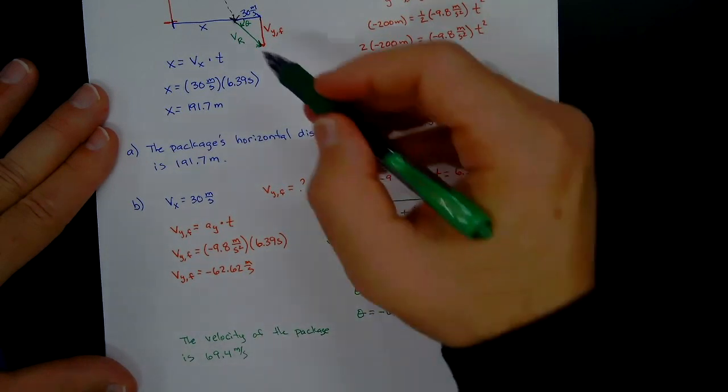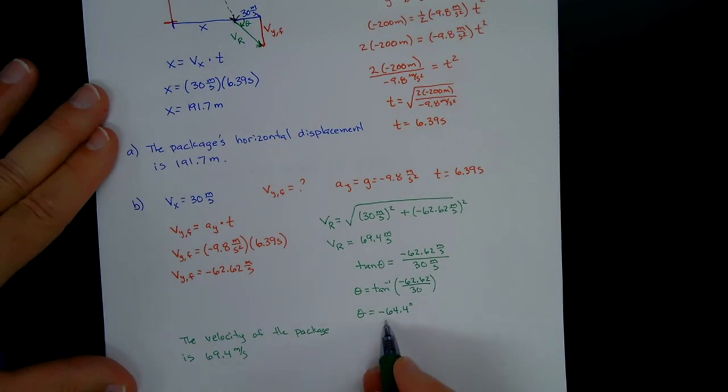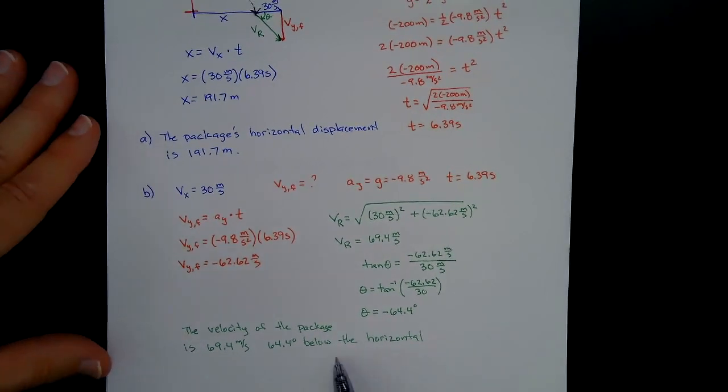And since this is negative, we're rotating below the horizontal. So we could just say negative 64.4 degrees, or we could also say 64.4 degrees below the horizontal. You're going to see that, where you say below.